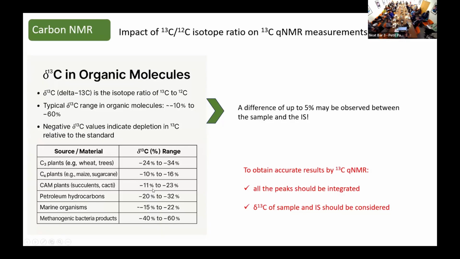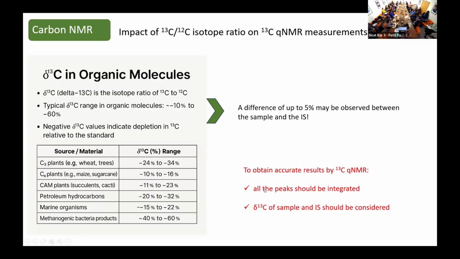I'll come to that. So we can have difference from like -10 to -60 per mil. Sorry, there's a mistake here. The unit is per mil and not percent. So this means almost 50 per mil difference or 5%. So we should consider this isotope ratio of the internal standard and the sample in the results.